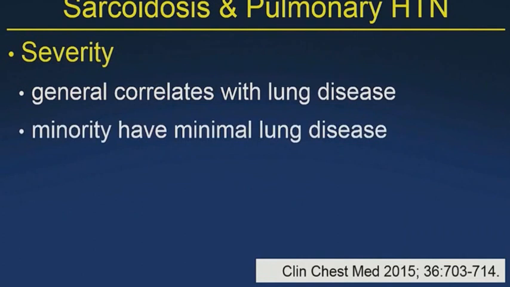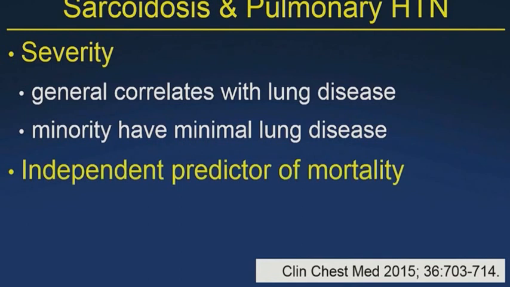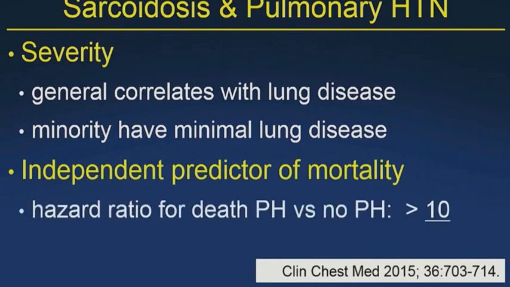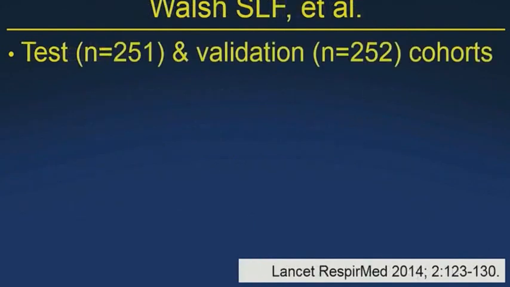The severity of pulmonary hypertension generally correlates with the severity of lung disease, although a minority of patients with pulmonary hypertension will have relatively minimal lung disease. The importance of pulmonary hypertension in the setting of sarcoid is that it's an important independent predictor of mortality. In fact, if you look at a hazard ratio for death in sarcoid between those that have pulmonary hypertension and those that do not, the hazard ratio exceeds 10.